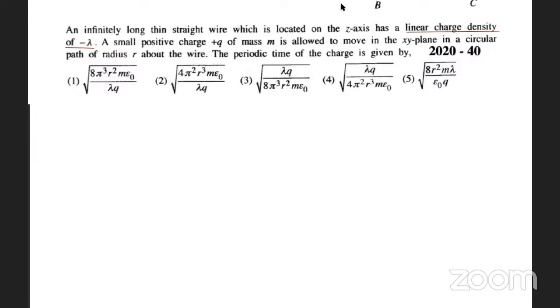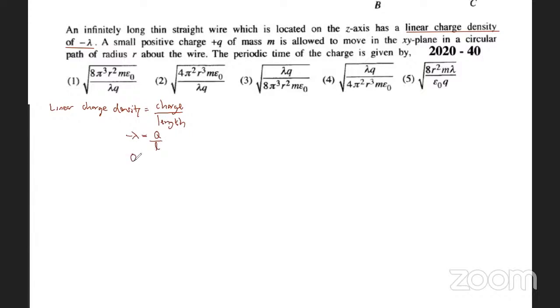So linear charge density. What is the meaning of linear charge density? Linear charge density is charge per unit length. So you have to divide charge by length. So minus lambda is equal to Q over L. Total charge over length, and that is what minus lambda is.